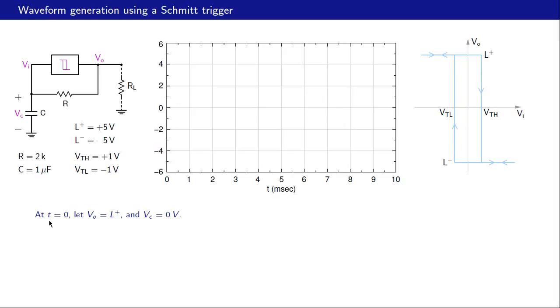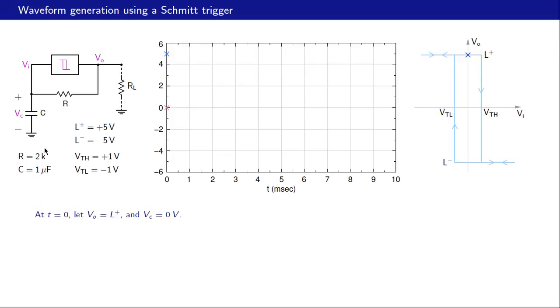Let us start at t equal to 0 with VO equal to L plus and VC equal to 0. That means the capacitor is uncharged and VC and VI are the same. So our VC equal to VI equal to 0 and our VO is L plus. So we are right here. That is the data point that we have right now at t equal to 0.